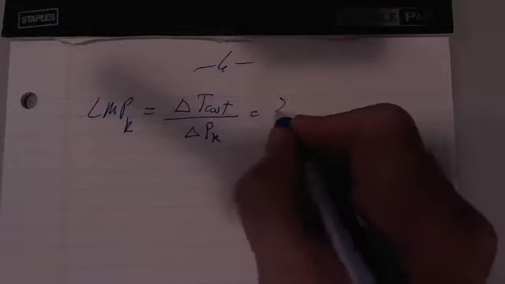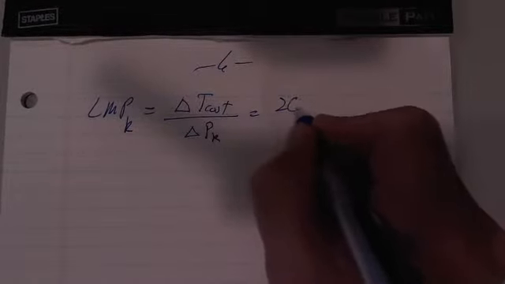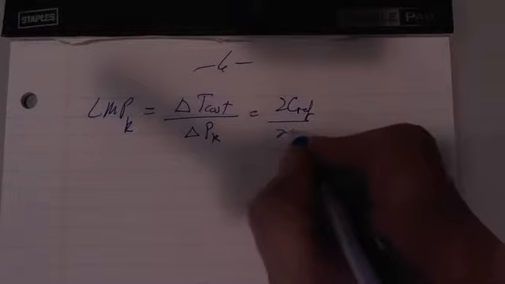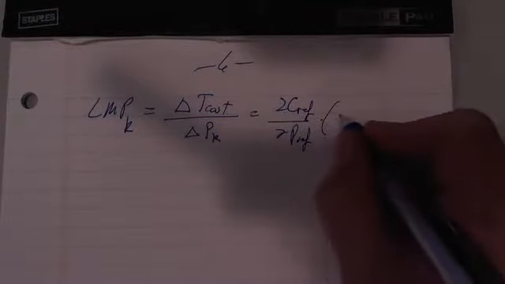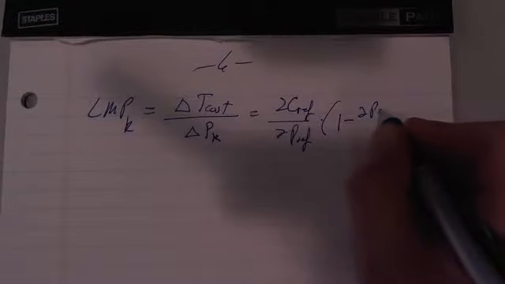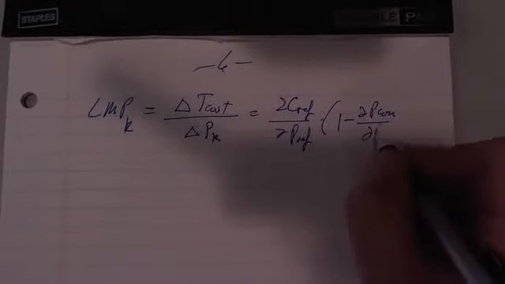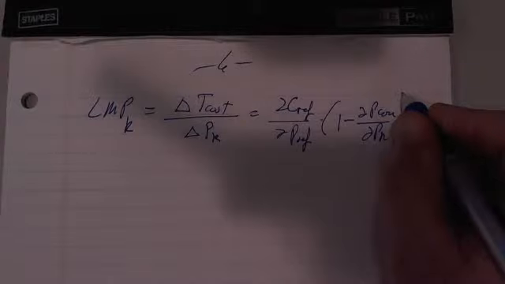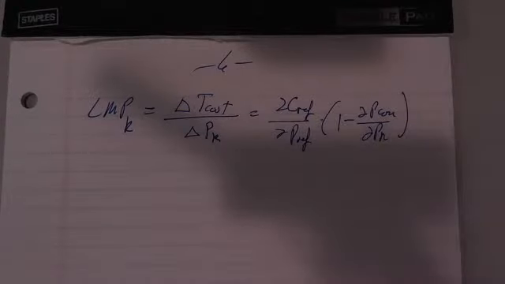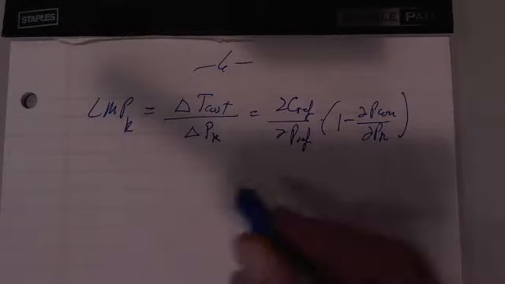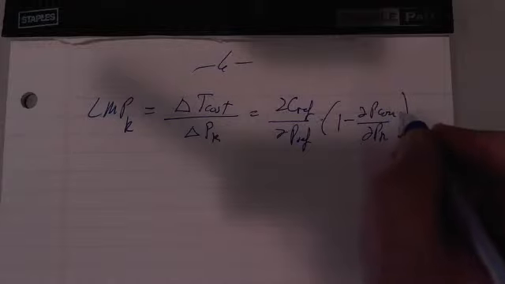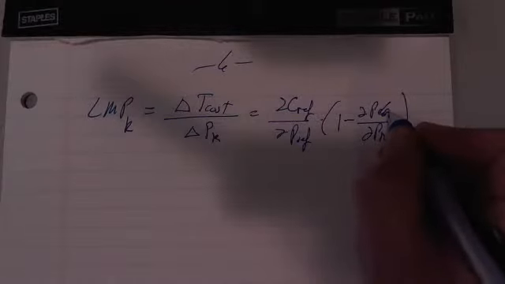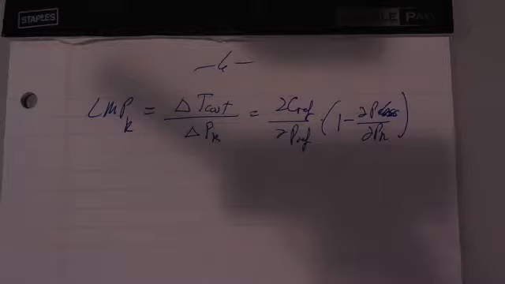And that's going to equal dC at the reference bus, dP ref, times 1 minus dP loss, dPK, like that. So we can say then, this is loss here, loss.